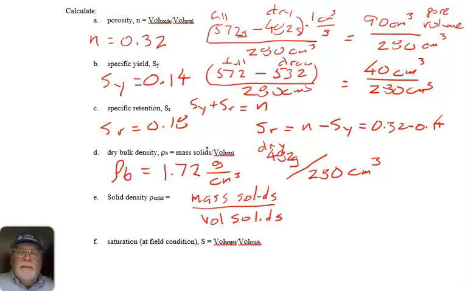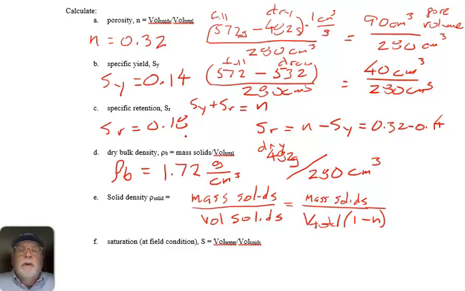Well, the solids, all right, so let me think. The mass of the solids, I'm going to rewrite this. The volume of the solids is going to be the volume total minus the volume of the voids, right? So we had 32% was voids. That means 68% is solids. So I'm going to write it like that: volume total times 1 minus the porosity.